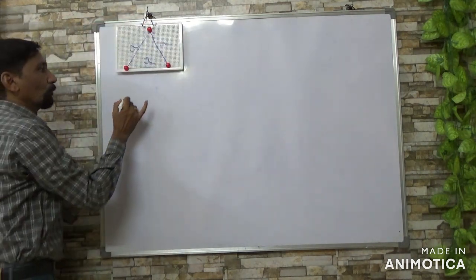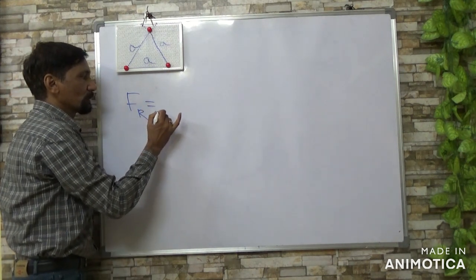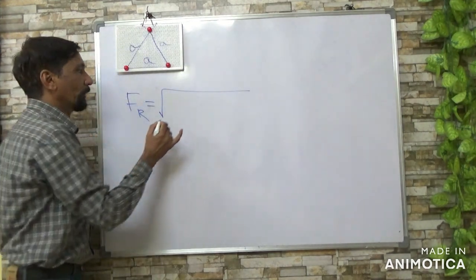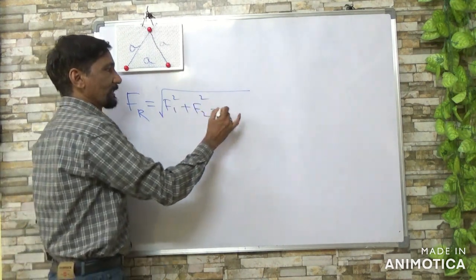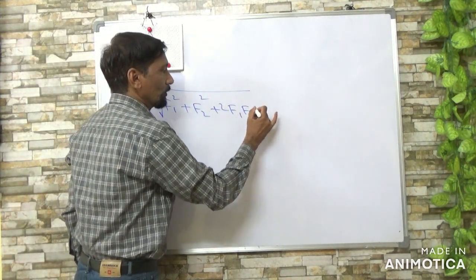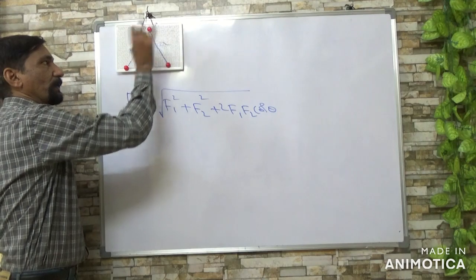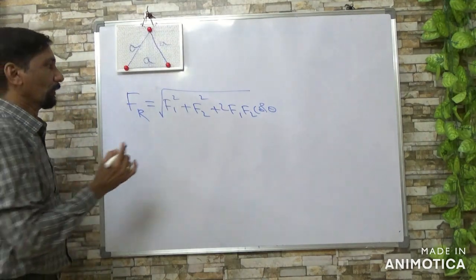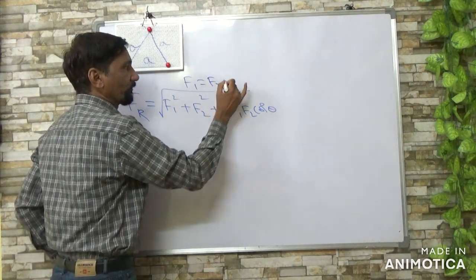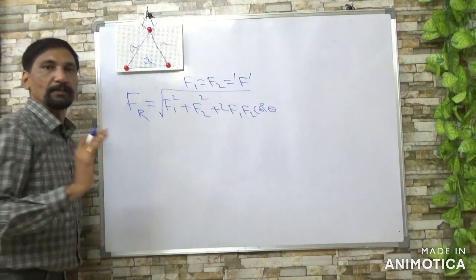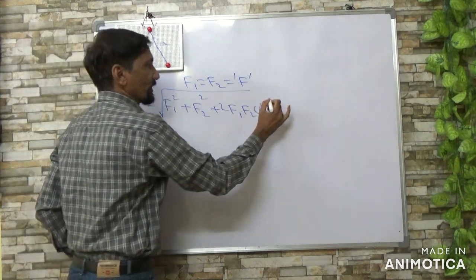According to the parallelogram law of vectors, remember the resultant force is equal to root over F1 square plus F2 square plus 2 F1 F2 cos theta. Charges are equal, and the distance of separation is also equal, so F1 equals F2, say some constant F. It is an equilateral triangle, so the angle is 60 degrees.